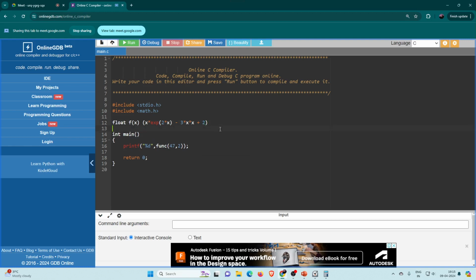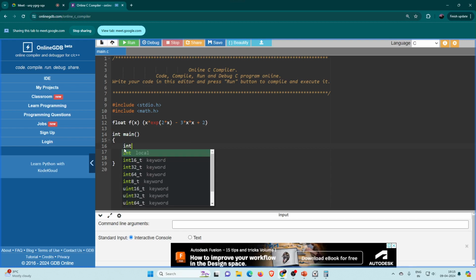So then int main. I'll write the whole Simpson's rule here itself. Okay. So interval a and b. Okay, so this also has to be float because I'm taking 0 and 1.2, right?